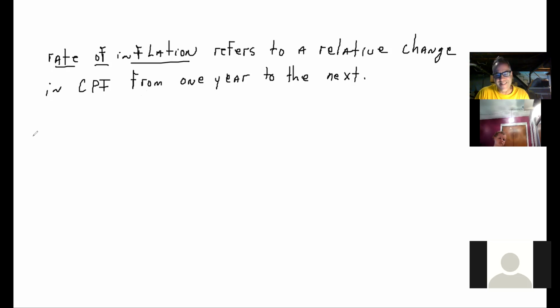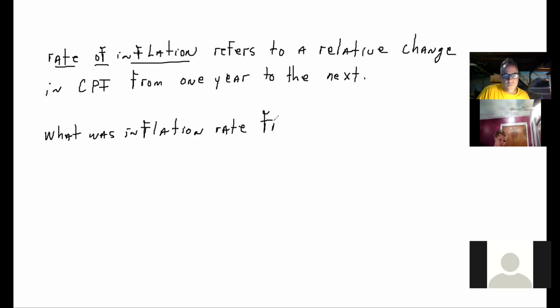Looking at the consumer price index table where I've got the price indexes for each year, if I wanted to know what was the inflation rate from 1978 to 1979.